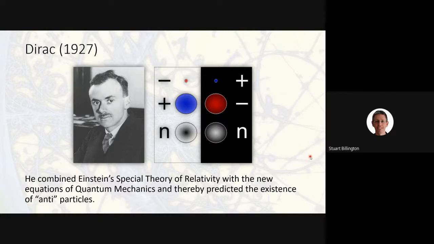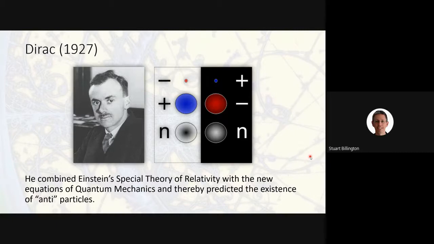And what Dirac discovered was that for every solution to his equation that described a particle like the proton, his equation also described another particle that behaved a lot like the proton. It had the same mass as the proton, but it had a negative electric charge instead of a positive electric charge.